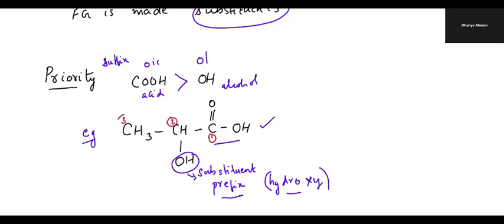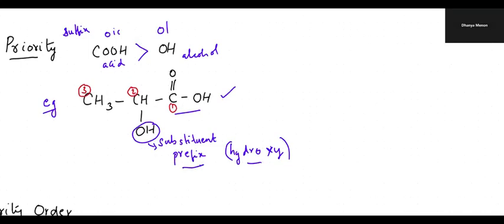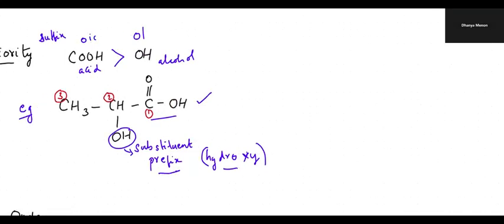And alcohol is the substituent, so we use the prefix hydroxy. So the name is 2-hydroxy. 3 carbon atoms, so prop, all single bonds, so propane, 1-oic acid. So this E I am removing. Okay, I hope I am clear.